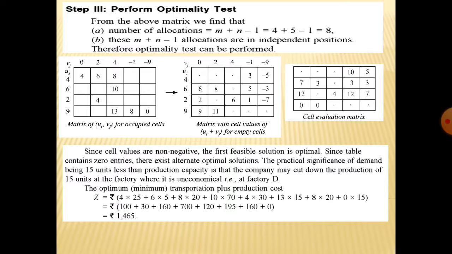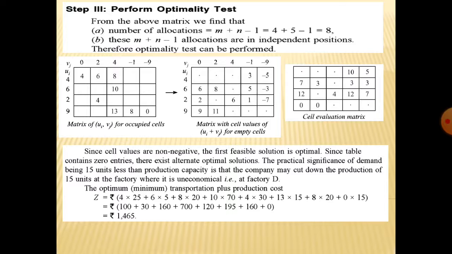From the above matrix we find that the number of allocations is m plus n minus 1, that is 4 plus 5 minus 1, which is equal to 8. These allocations are independent positions. Therefore, the optimality test can be performed. Optimality test, how to find the optimality?